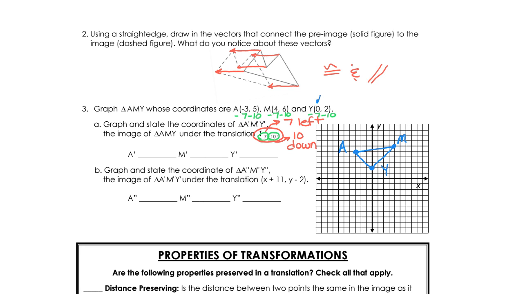Okay, all right, in the very first part, we have -3 minus 7, which ends up being -10, and that's the new x coordinate for A prime. Okay, we have 5 minus 10, which is -5. Okay, next up, we have 4 minus 7, which is -3. And then we have 6 minus 10, which is -4.